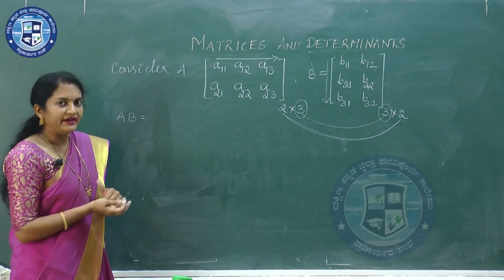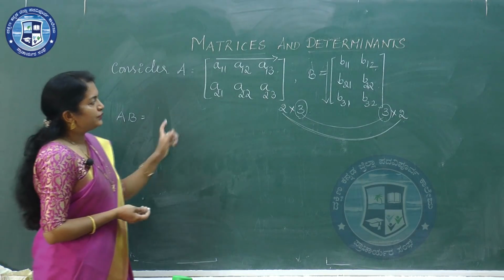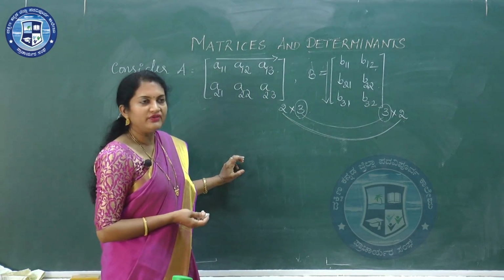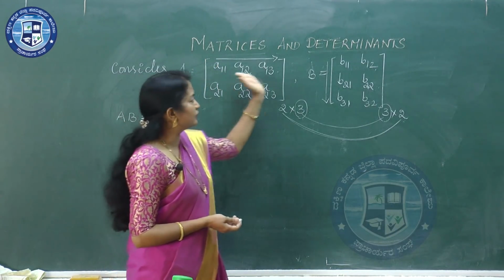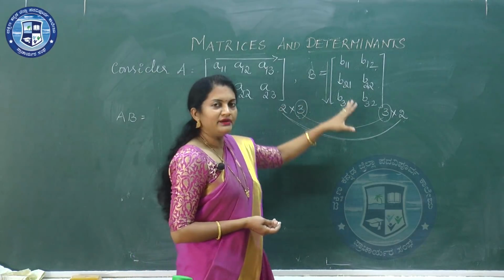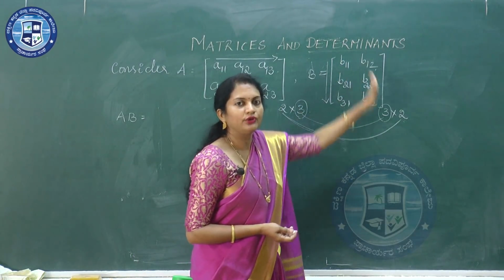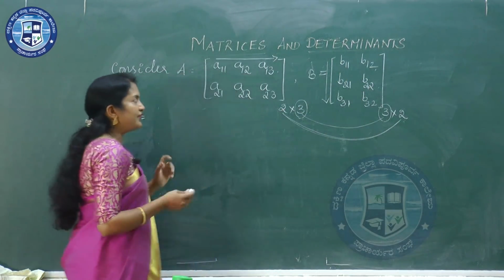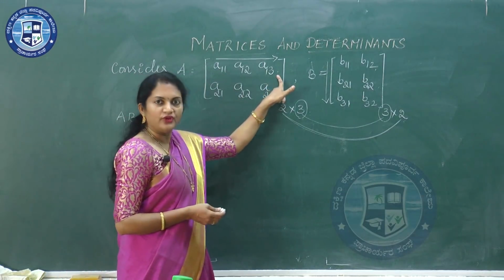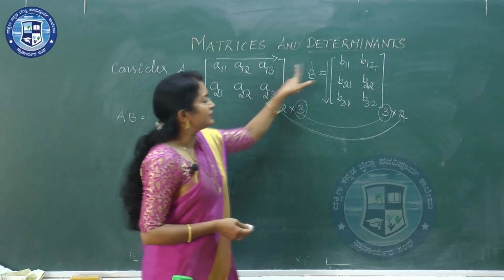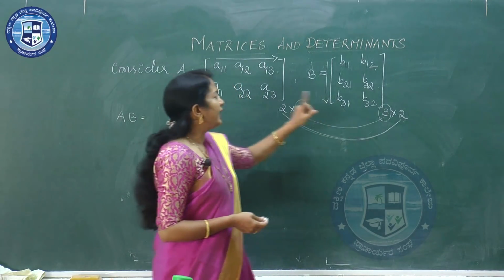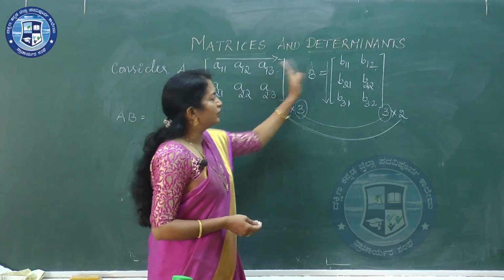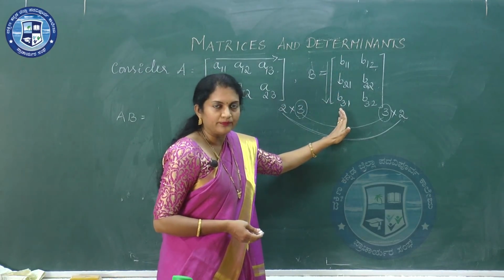Now, how do we get the product? To find the product, always in the first matrix we select the rows, and in the second matrix we select the columns. First we select the first row in the first matrix and the first column of the second matrix, and we multiply this row with this column.